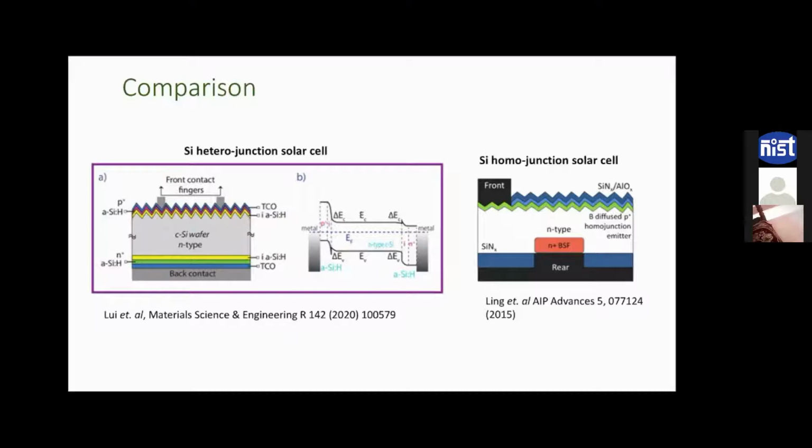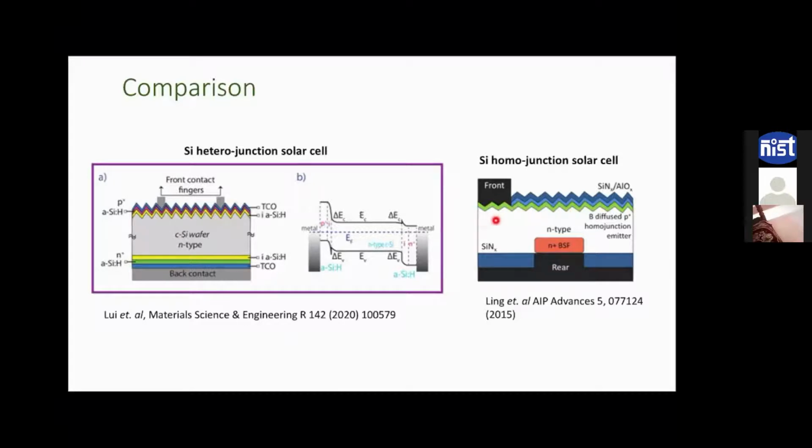Now, if you wish to compare this heterojunction with a conventional silicon homojunction solar cell, this is the image of a silicon homojunction solar cell, where again we have an n-type crystalline silicon, but instead of depositing any material on top of this crystalline silicon, we diffuse the already n-type crystalline silicon with p doping, or high p doping, to get a p-plus layer.